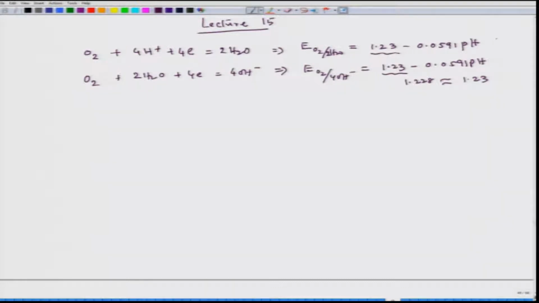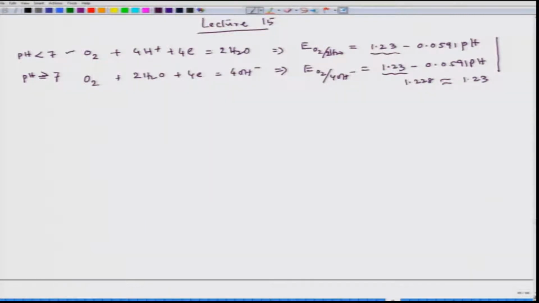So, you see the equation, if we try to have a plot between potential and pH, they will fall on the same line. But the first reaction will occur when we have pH less than 7, and the second reaction would occur when pH is greater than or equal to 7.